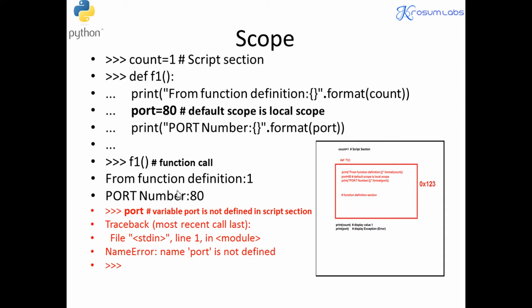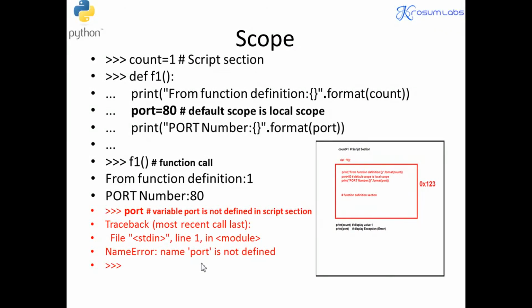See the error message below. When the function is called, we see the message, line number count 1, it is working. The port number value works only inside the function. If I access the variable port outside the function, I get the error message NameError, that is an undefined variable. From this program you can understand that the variables you declare and initialize inside the function are all local to this function.